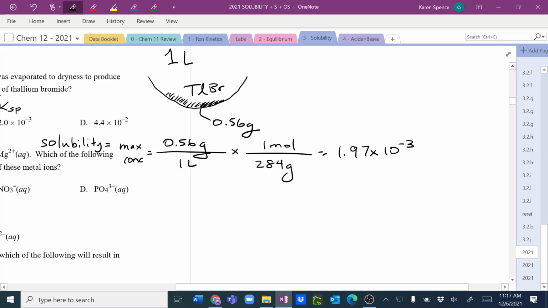And if you want to use the shortcut for a multiple choice, you know that this is an A-B compound. You know that the ratio is 1 to 1. So what is KSP equal to?